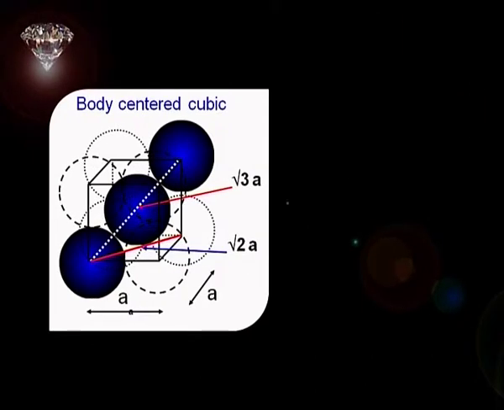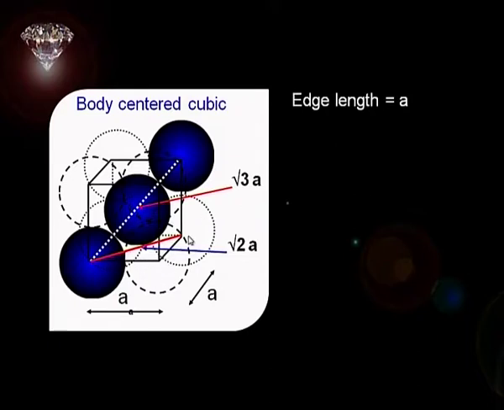Let us look at the body centered cubic now. In the body centered cubic system, we have taken the atom belonging to the corner here, this is the body centered atom, and this is the front face corner atom. So essentially these 3 atoms are along the body diagonal. We know that the edge length is A by definition.